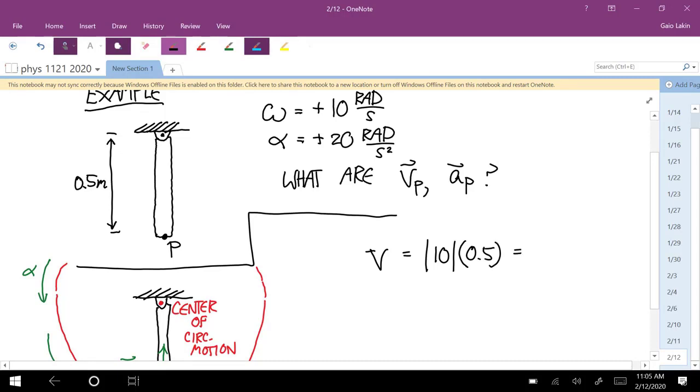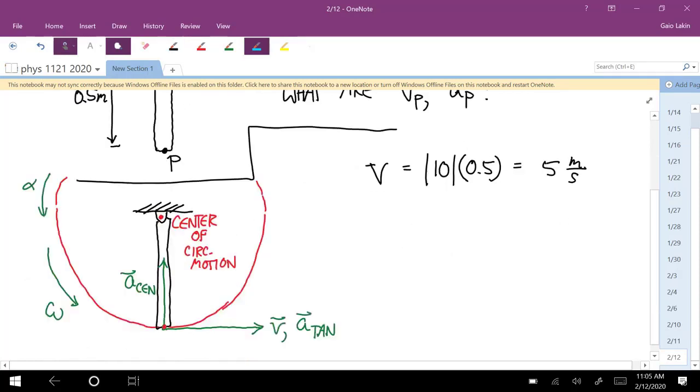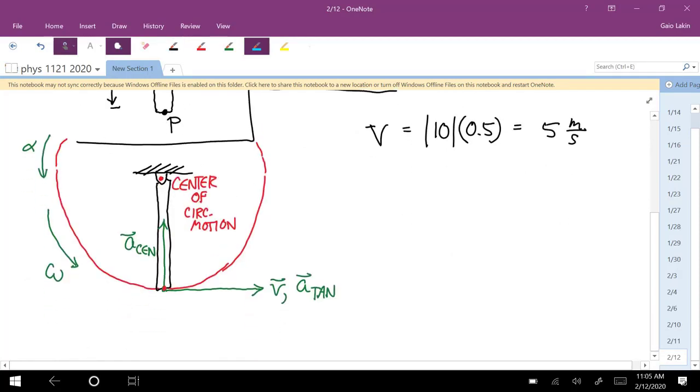And so that speed is 5 meters per second. And so now we know that the velocity is in this direction at 5 meters per second. So what would that be in vector components? 5, 0. Yeah, it's in the positive x direction. So the velocity vector is 5, 0.